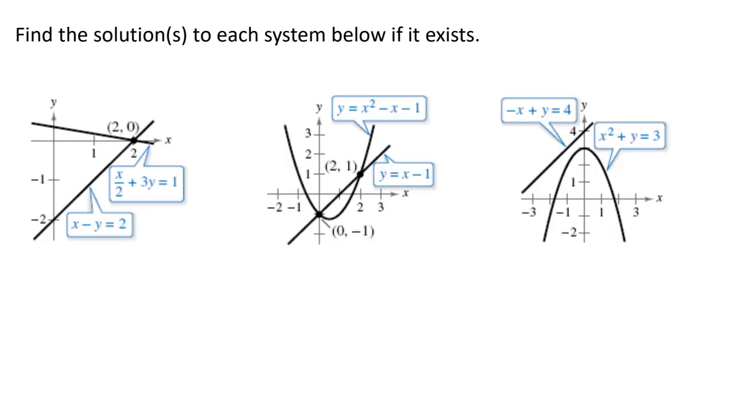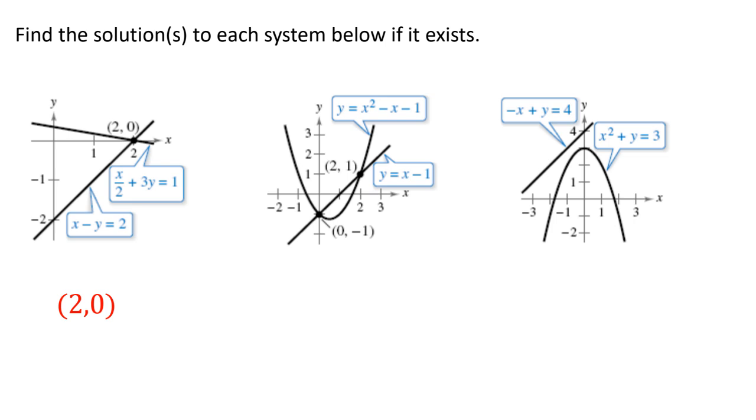Here are some pictures to find the solutions for systems. In the first one we have two lines that intersect at the point (2, 0), so the solution is the ordered pair (2, 0). The second graph is nonlinear, a parabola and a line.